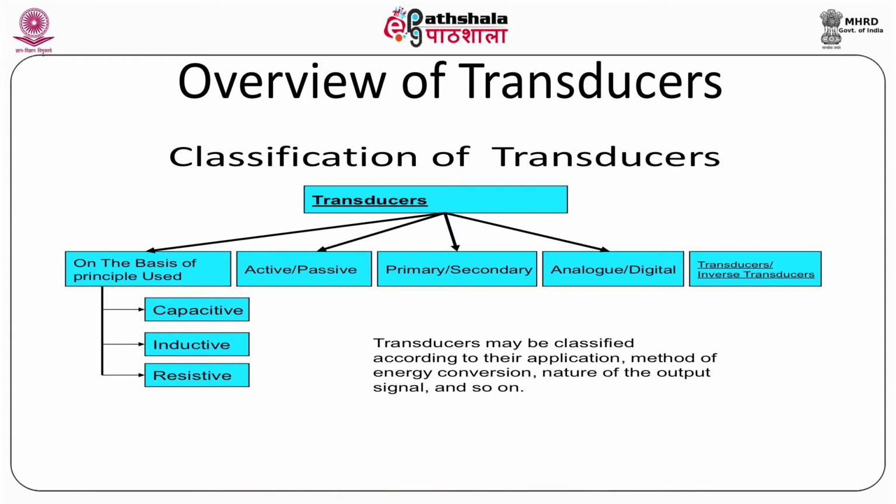The transducers can be classified on the basis of principle, whether it is capacitive, inductive or resistive, or it could be an active or passive transducer, or a primary or secondary transducer. The other way to classify the transducer is analog type or digital type, or lastly transducers or inverse transducers.